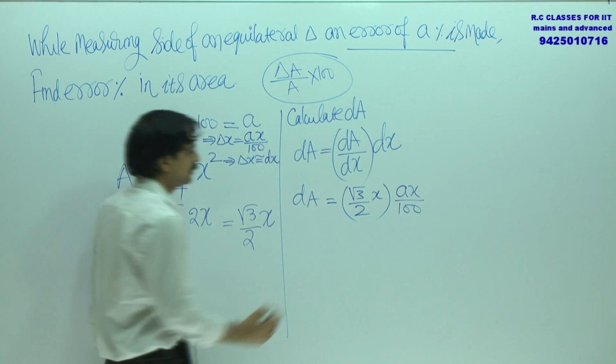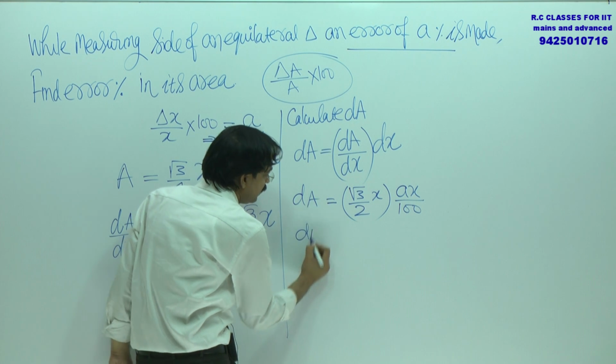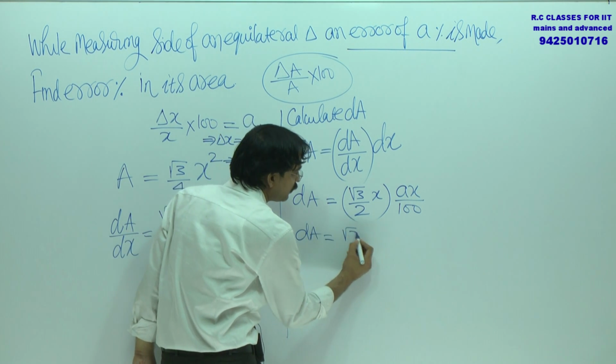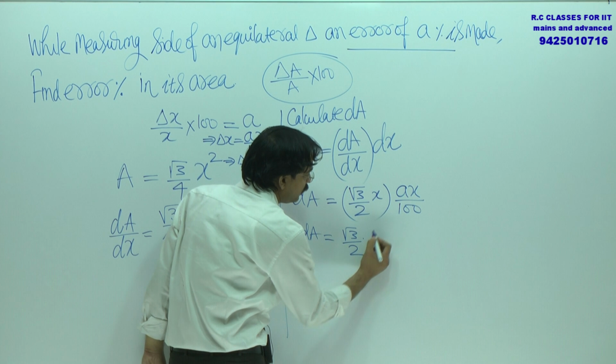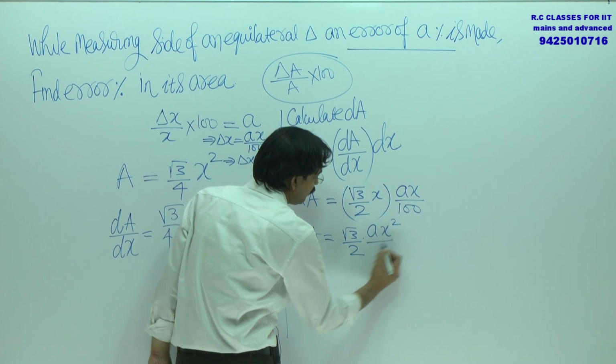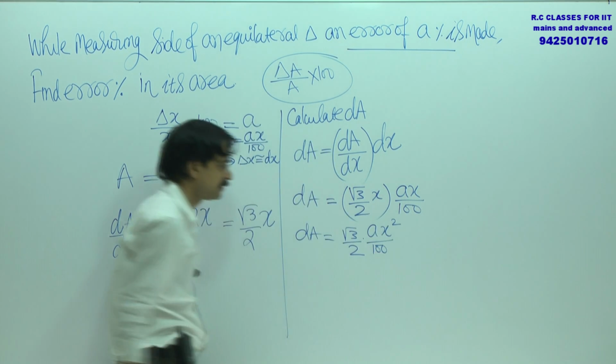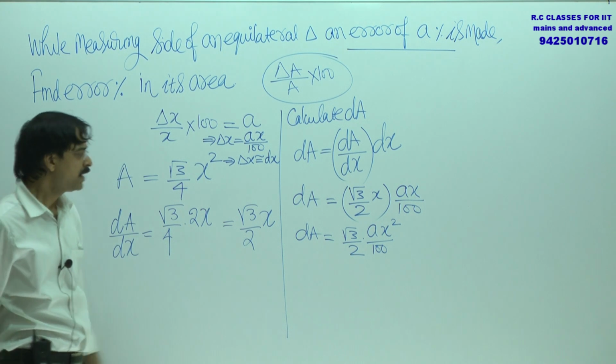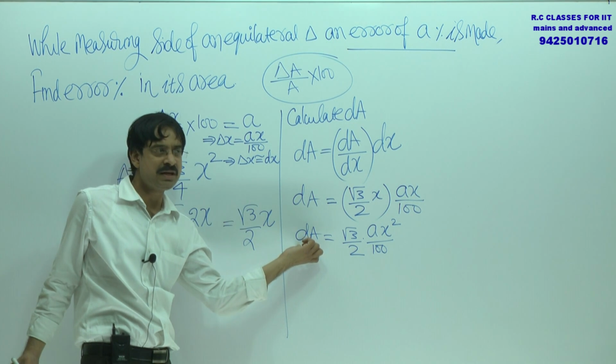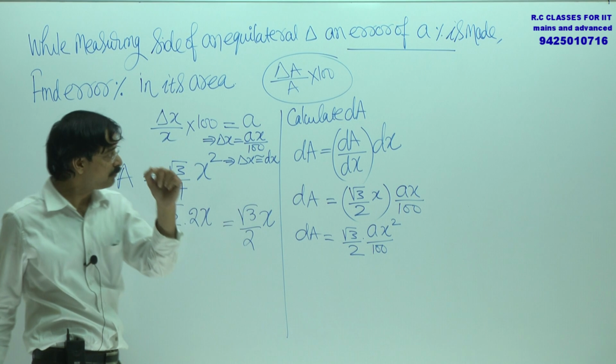So it becomes dA, that is equal to root 3 by 2 A into x square by 100. Fine. Actually it is the absolute value change in the area, but we want percentage error.